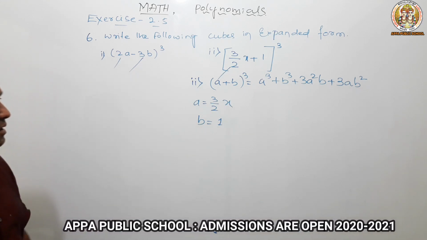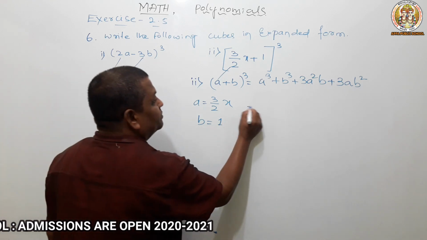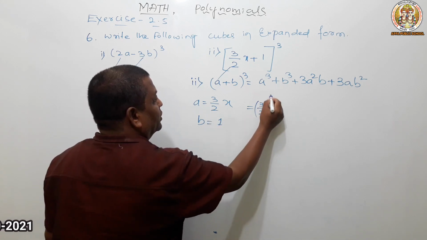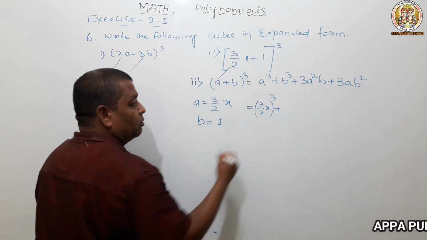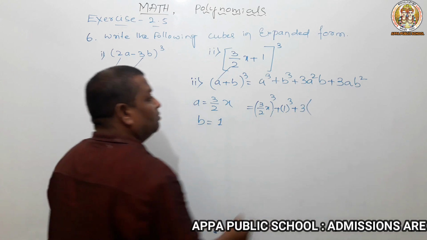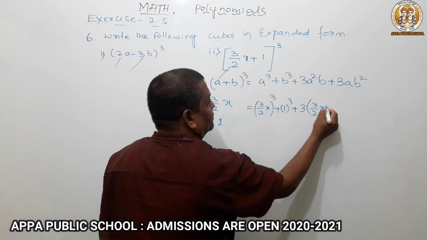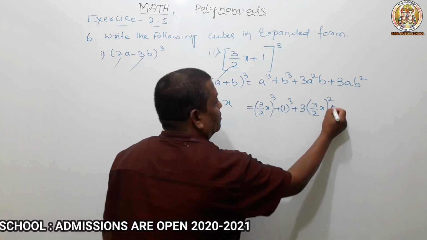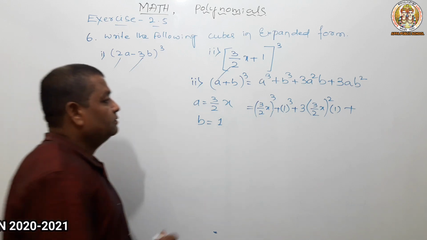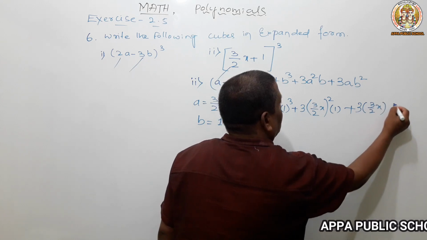So what is the next step? The a value and b value. Next, substitute in the formula. a cube: (3 by 2x) whole cube, b cube: 1 cube, 3, a square: (3 by 2x) whole square, b: 1. Now 3ab square: 3 by 2x and b square.